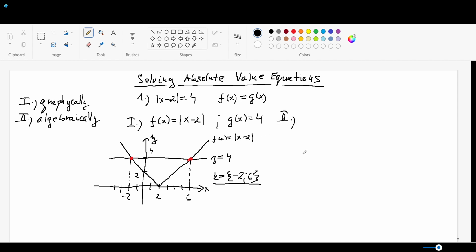Let's have a look at the solution algebraically. And again, as you were taught and you already know, we have to find out how to represent the absolute value of this expression, and it is equal to x take away 2 if and only if x is greater or equal to 2. Why is it so? Let me just remind you. This is because x minus 2 must be greater or equal to 0, which means x is greater or equal to 2.